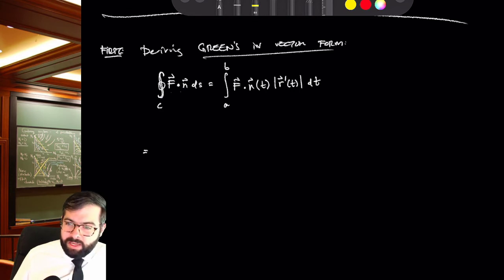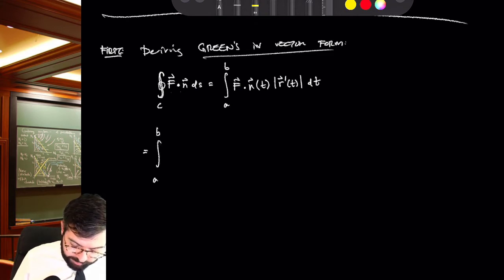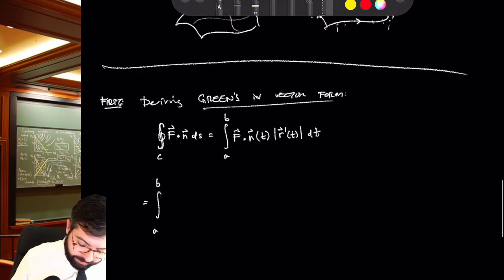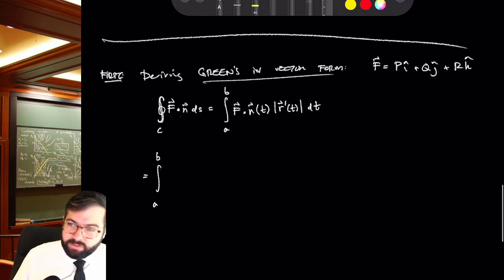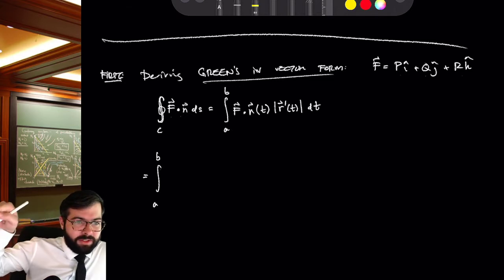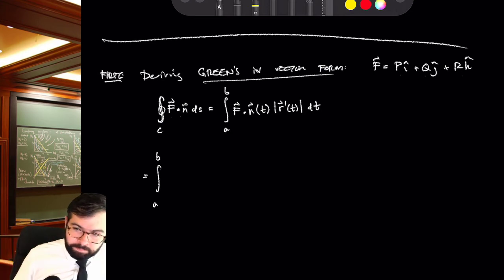And so if we make a big substitution here, I'm going to make a leap and then I'll explain the steps. So swapping some things out. So I'm dotting F. If we remember, F is Pi plus Qj plus Rk, and these are all going to be given by t now because t is giving me the x, y, and z components.